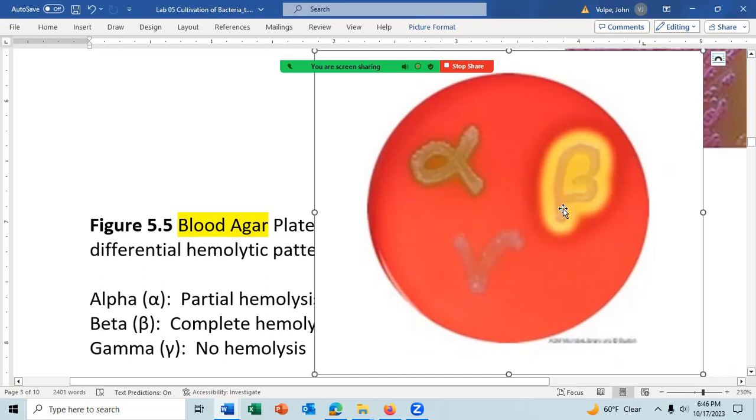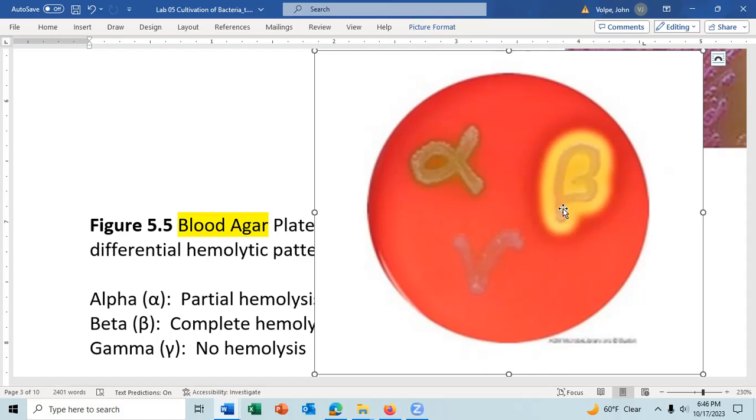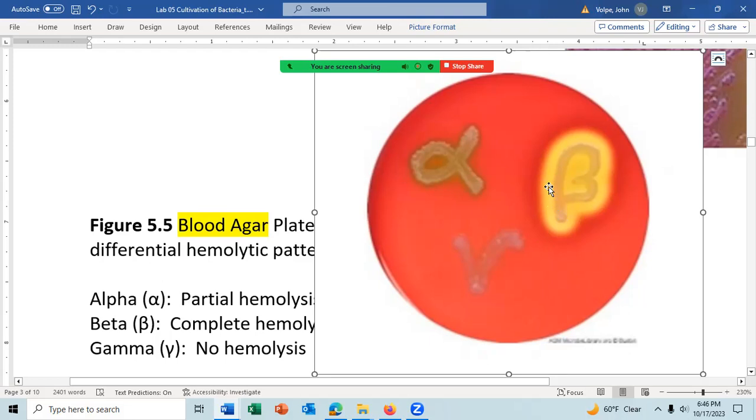The reason why it's clear is that all of the red blood cells have been lysed, and that we call complete hemolysis or beta hemolysis. You can actually hold this plate up to a light and see through the plate in the clear region. Not where the cells are, not where the blood is. Any question about blood agar?